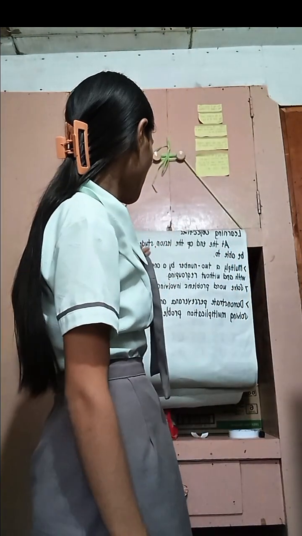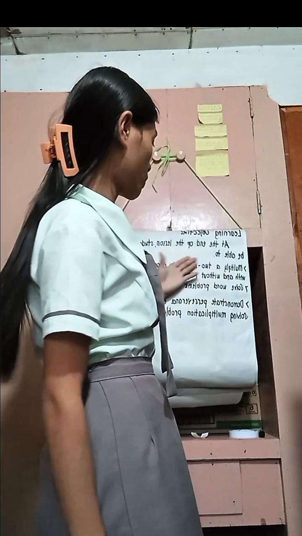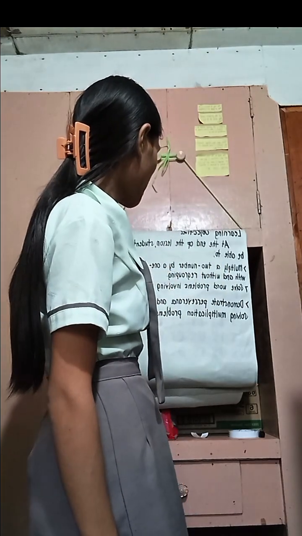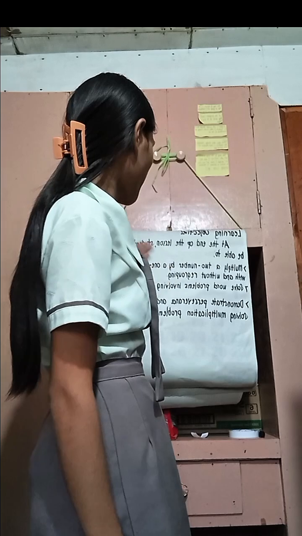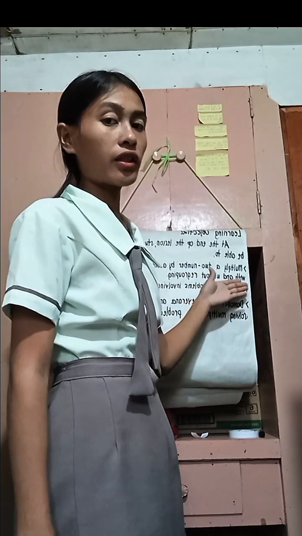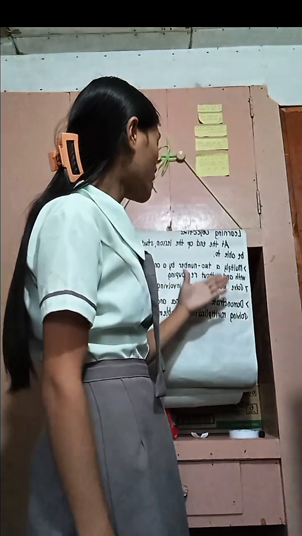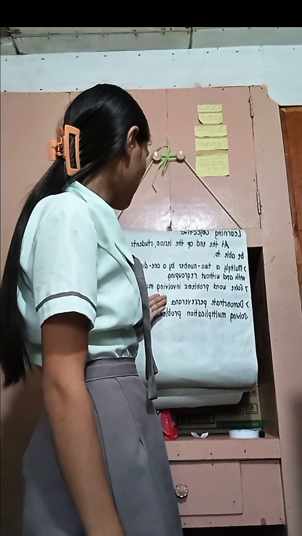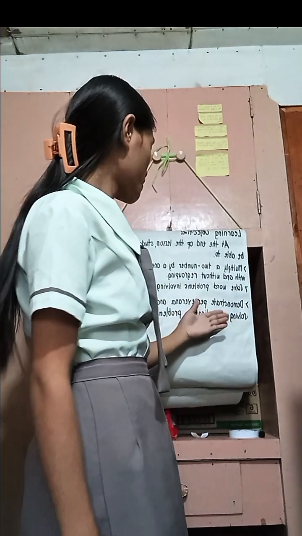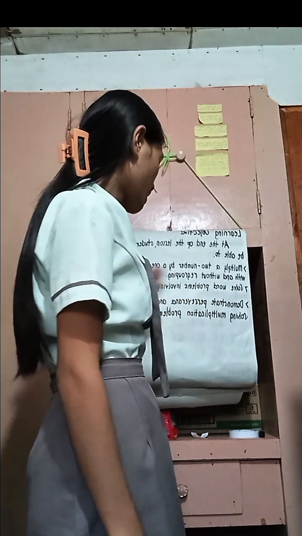At the end of the lesson, students should be able to multiply a two-digit number by a one-digit number with and without regrouping, solve word problems involving multiplication, and demonstrate perseverance and accuracy in solving multiplication problems.